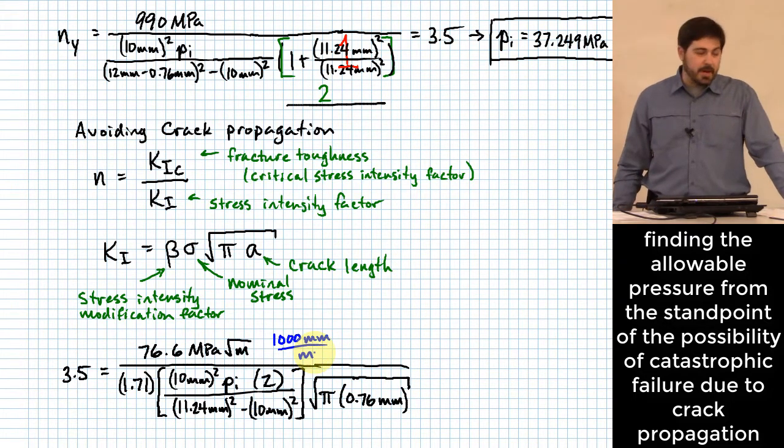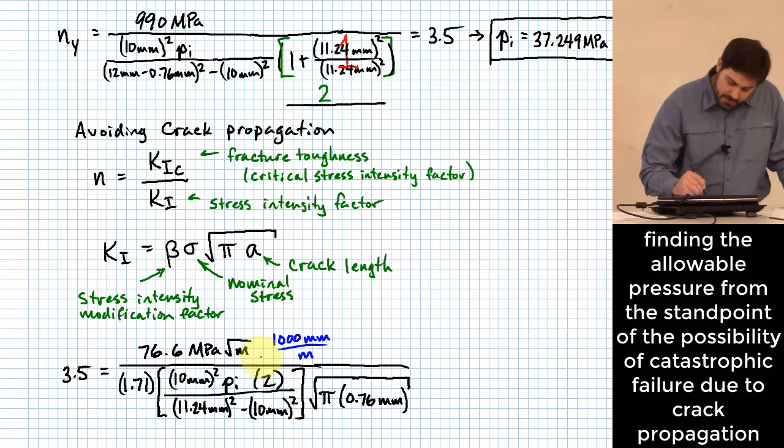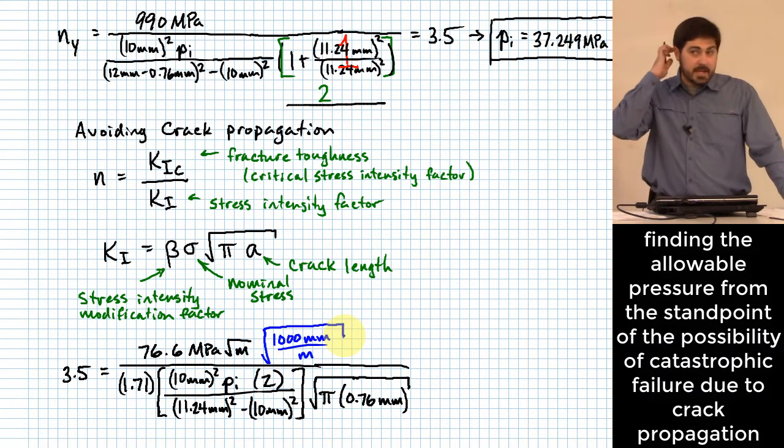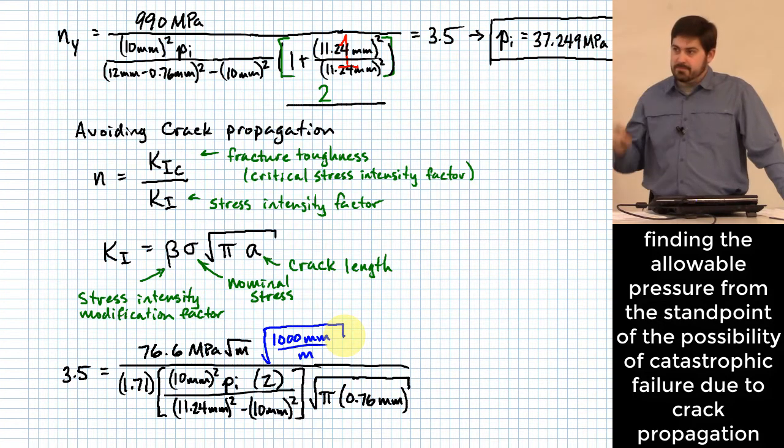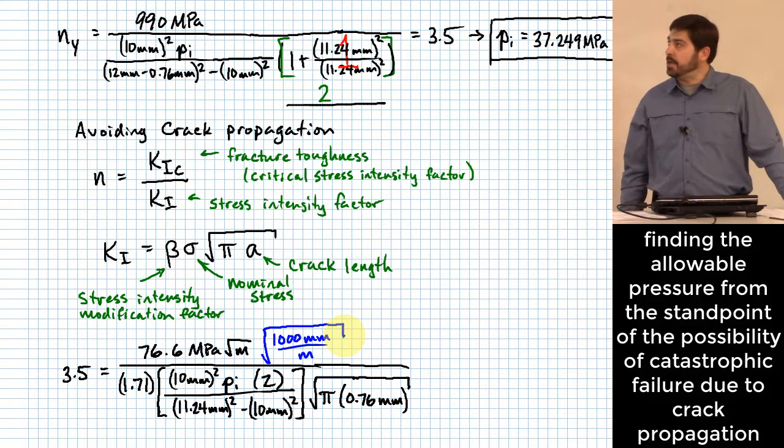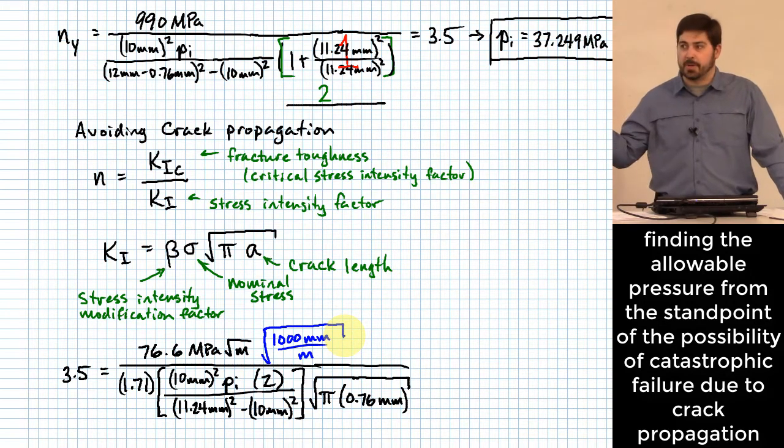So I can multiply by that and it doesn't change anything with my calculations, right? Because that's just another way of writing the number 1. That means I can also take that to the 1/2 power and it's still the number 1. So if I take a square root of 1,000 millimeters over meters, then that will cause my units of square root of meters to jive with my square root of millimeters that I have in the denominator. Did you follow that?